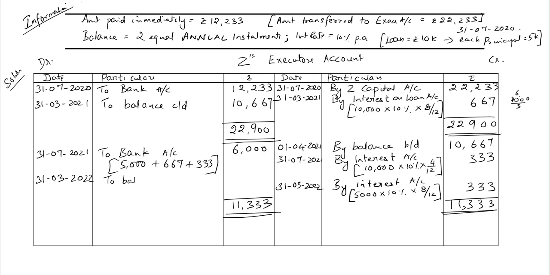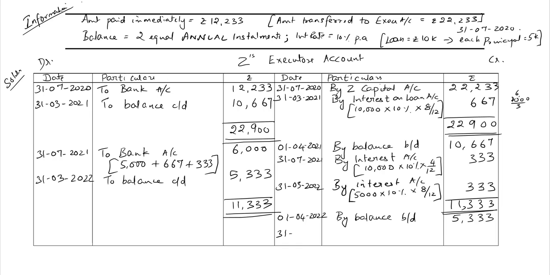To balance carried down 5,333. Beginning of the next accounting period, 1st April 2022. By balance brought down amount 5,333.